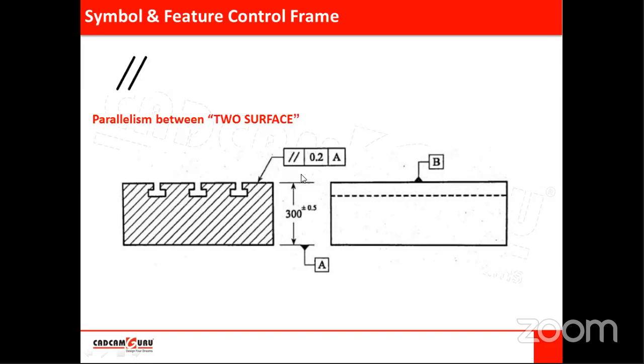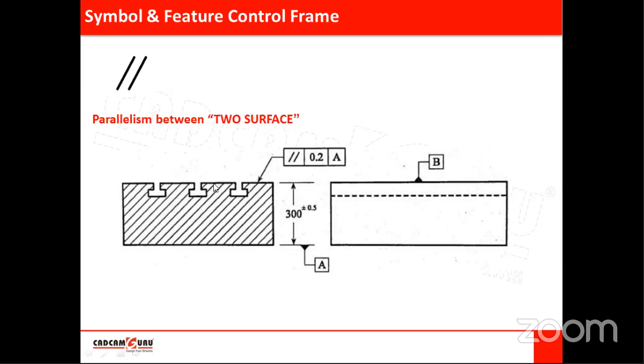So a feature control frame is attached to this. The first chamber indicates the parallelism symbol. The second chamber indicates the permissible deviation, or the maximum permissible deviation. Here this surface is allowed to deviate between parallel planes separated by 0.2 mm, 200 microns. The third chamber indicates a datum or a reference feature. Here A, so the surface labeled as A is the datum feature for this surface.